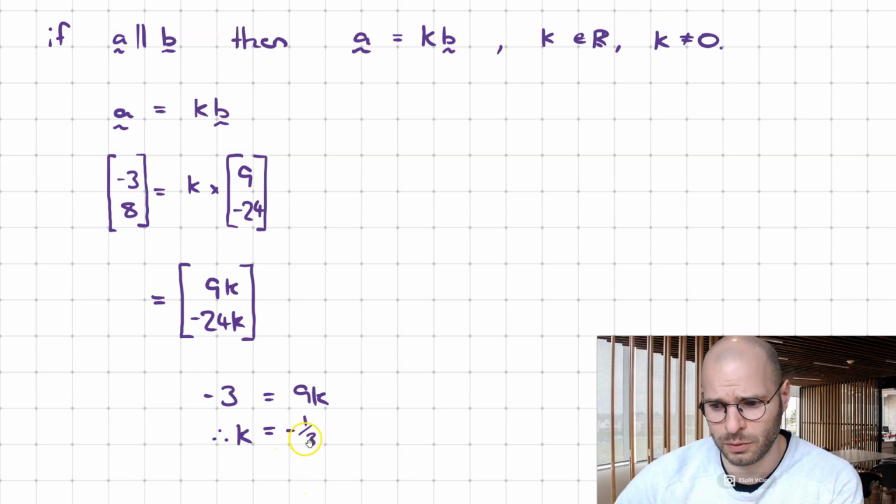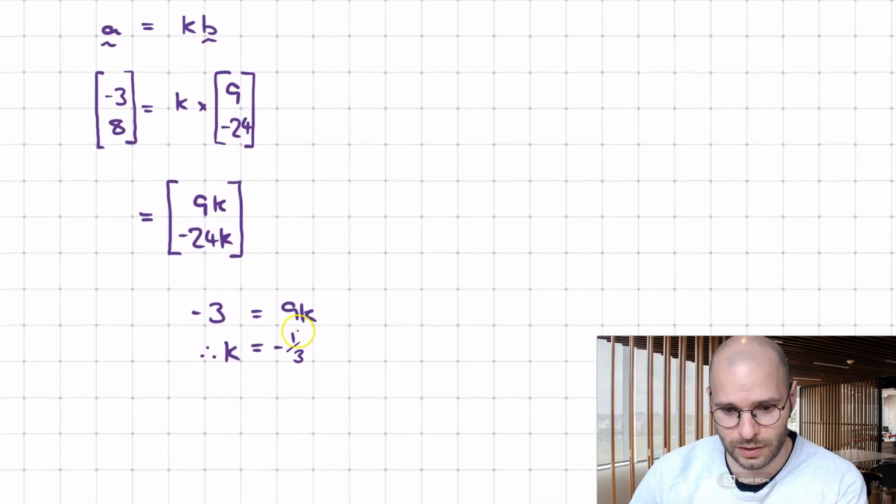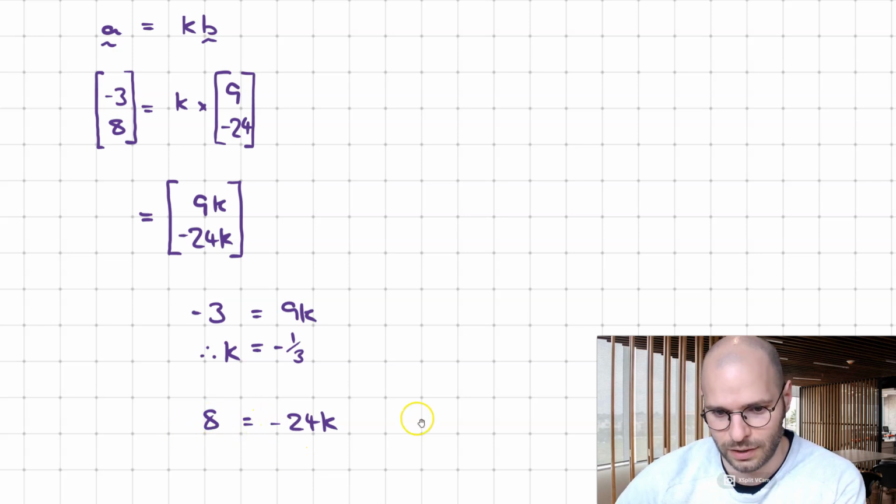Now, to be able to show that it's parallel, I need to show that this applies to both cases. So what I'm going to say is that I have 8 equals negative 24k. And what I need to do is show that the left hand side equals the right hand side.